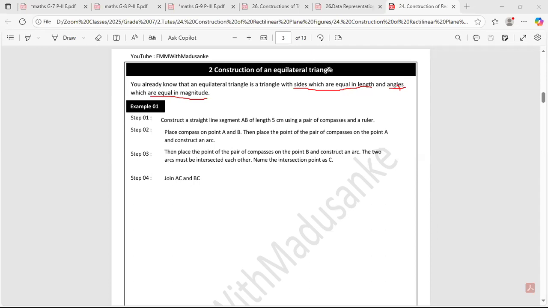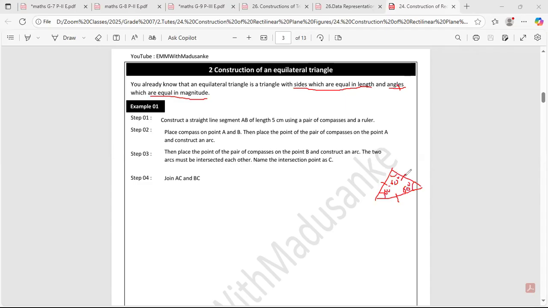First of all, it is something like this. If I say this is an equilateral triangle, this side equals this side equals this side. All three sides are equal, and this angle is 60 degrees, this angle is 60 degrees, and this angle is 60 degrees.